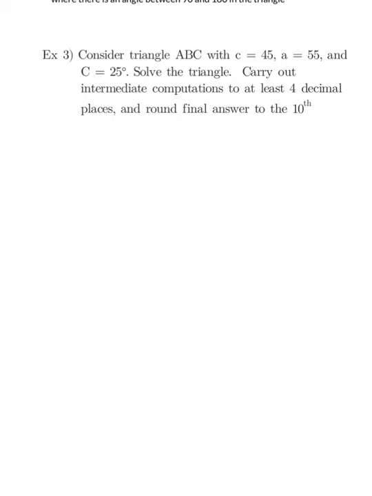So what this is going to require for us is that we must try to find angle A first because of the pairings that we have. So our side C of 45 goes over the sine of angle C, which is 25, and that has to equal side A of 55 over the sine of angle A, which we don't know. We are still going to solve by doing cross multiplication.